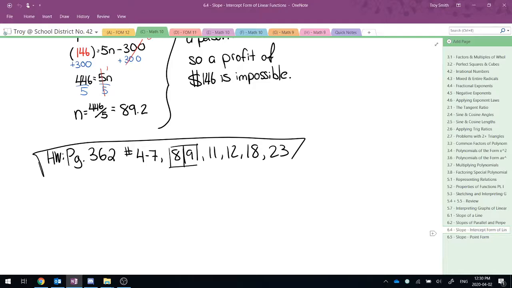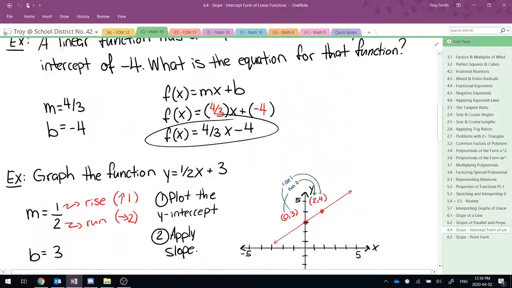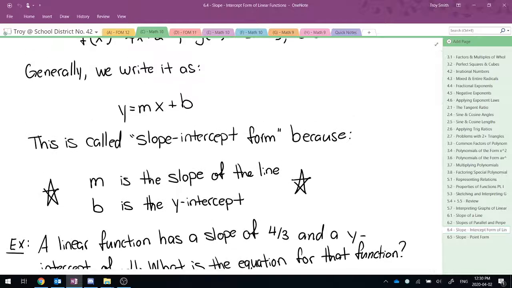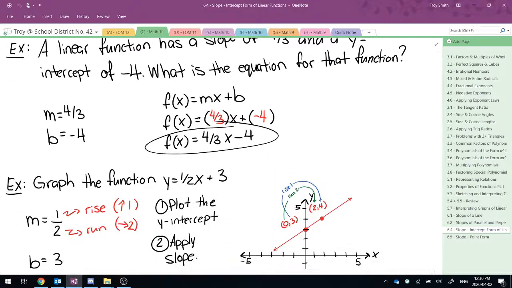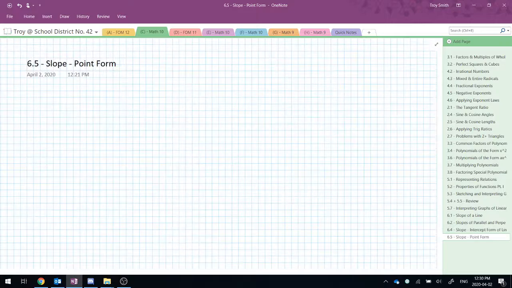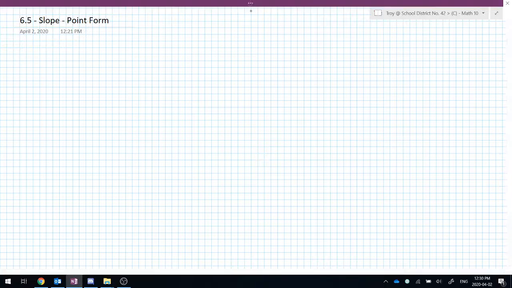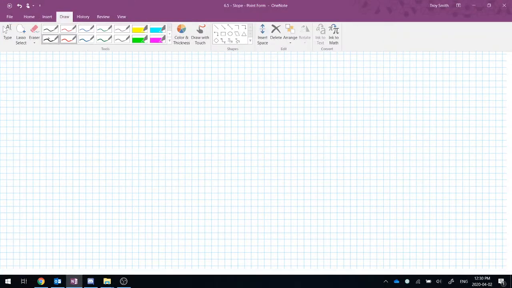From there, we took a look at slope-intercept form, which was y equals mx plus b, where m was the slope of our line, and b was the y-intercept, and we did a little bit of work with that before the break. So now we're going to hop into section 6.5, which deals with a new form of linear equations.